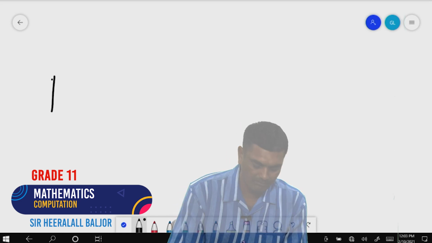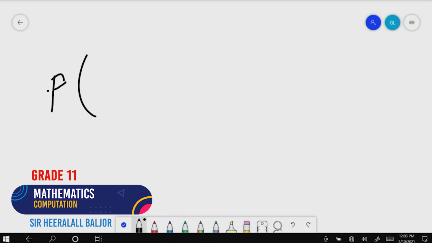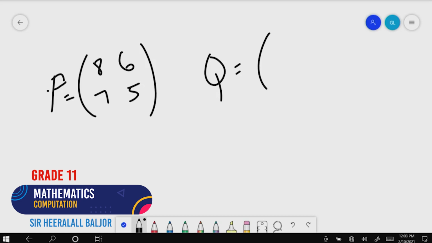We have matrix P, 8, 6, 7, 5, and we have matrix Q being 1, 2, 3, 4, 12, 3, 4, 1, 13, 14, 1, 2.